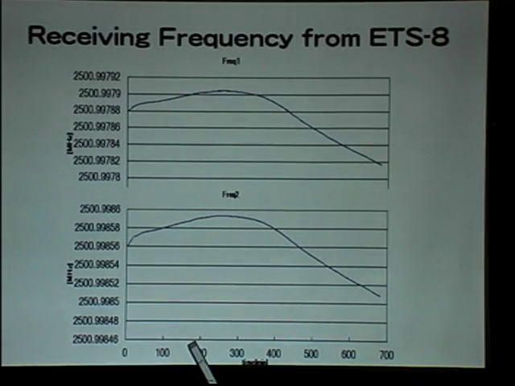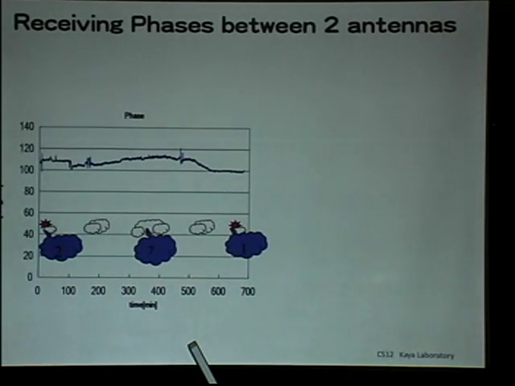Concerning the receiving frequency, there is little change. It means Doppler shift. The geostationary orbit moves a little in a figure of 8, so the frequency suffers a little Doppler shift. Concerning the receiving phase, we used two antennas to compare the receiving phase.